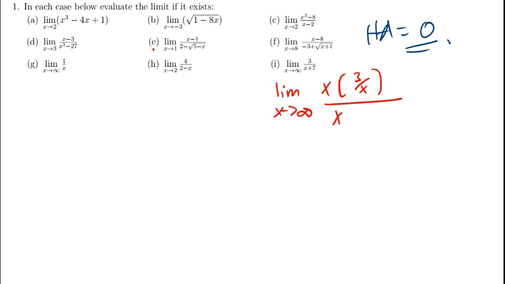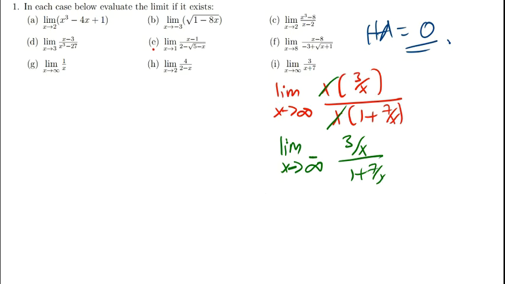Down here, I'll also factor out x, and I'll remain with 1 plus 7 over x, like that. When you reach this point, you can cancel these. So you will remain with the limit as x approaches infinity of 3 over x divided by 1 plus 7 over x.